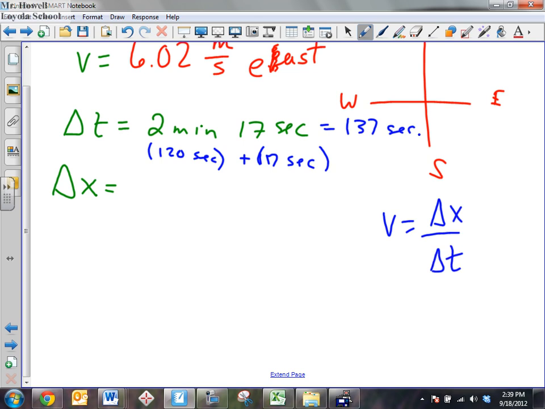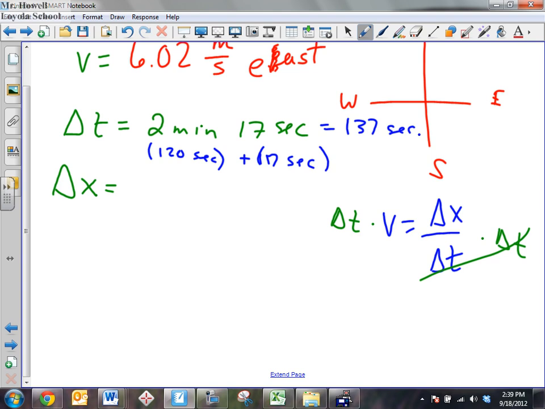I want to solve for delta x, and I'm going to get what's called the general solution. So would it be velocity times delta t equals delta x? Very good. Multiply both sides by delta t to get rid of the delta t's, and you're left with delta x on the right side.